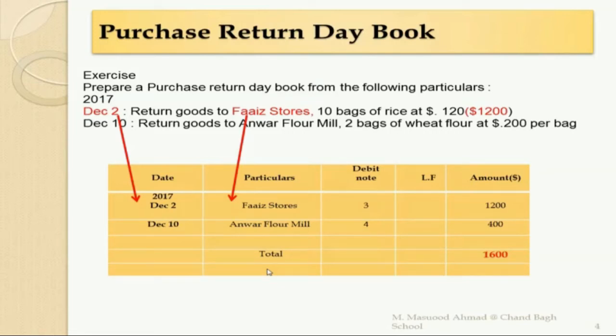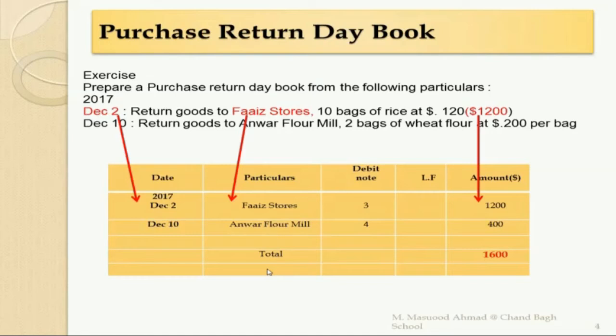In the debit note column, we place the note number, that is 3, and at the end we record the value of the transaction, that is 1200. In the same way, you can enter the 10th December entry, that is goods returned to Anwar Flour Mill.